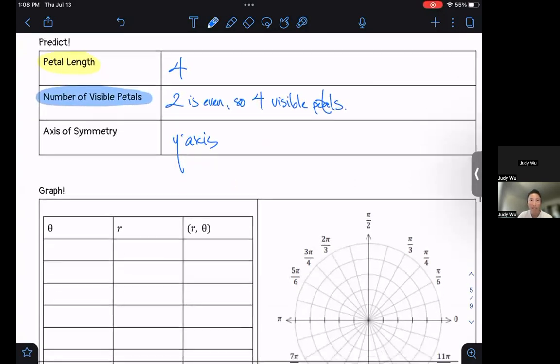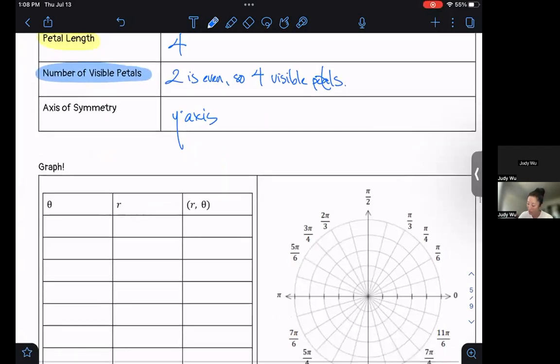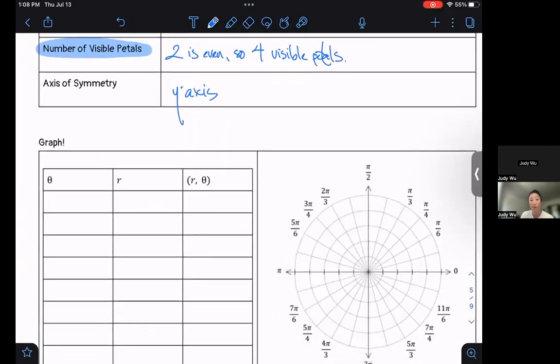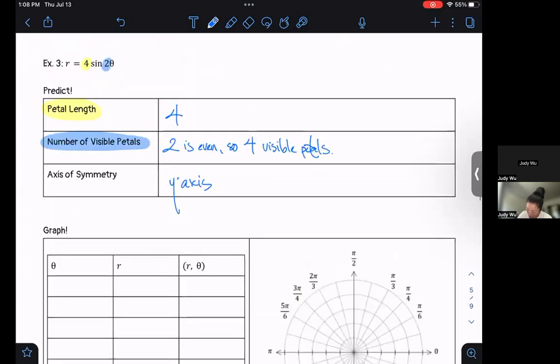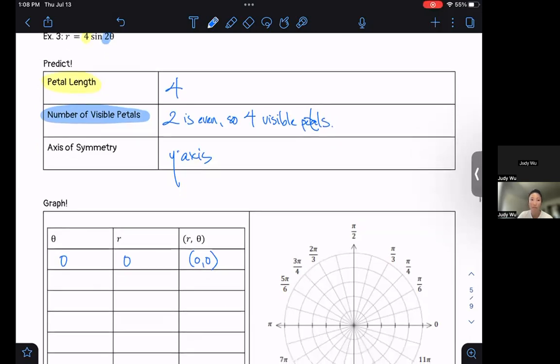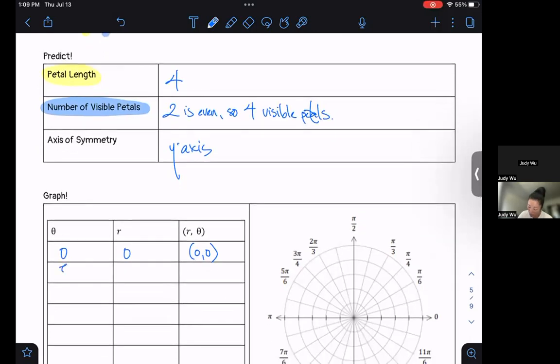All right, now let's plot a few points and see if we can figure out at least where that first petal is. Because once we know where the first one is, we can sketch everything else after that, okay? So I'm going to go ahead and plug in 0. Sine of 0 is 0 times 4 is 0, so I start at the origin. Now, I'm going to plot pi over 4.